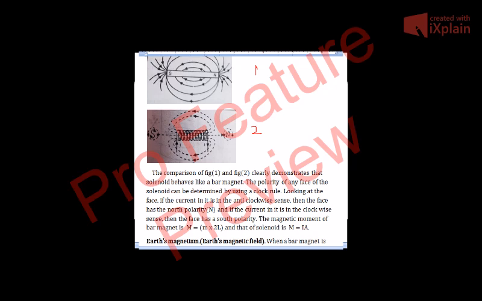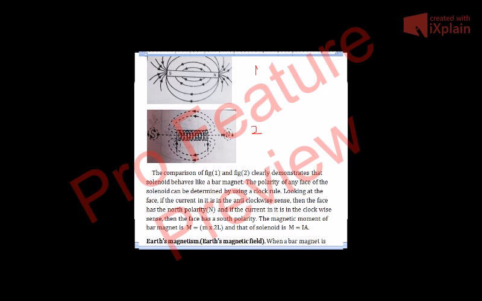So you can see the magnetic lines of force at the ends of the bar magnet and of the solenoid are dense. They are very close to each other. Inside the solenoid and inside the bar magnet, they are very close and almost parallel, so the field inside is uniform.